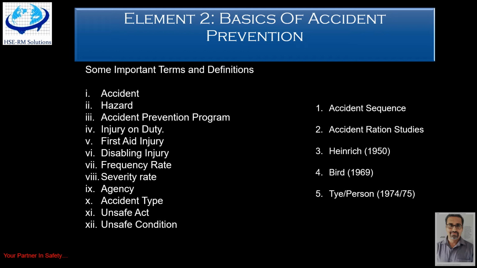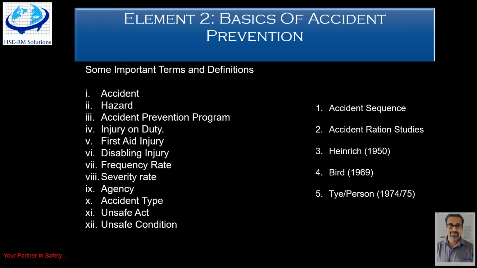If he is not able to resume the work in the same shift, that is a disablement injury, that is a lost time injury. The types of disability injury are: first, permanent total disability; second, permanent partial disablement; third, temporary total disability; or fourth, temporary partial disability.